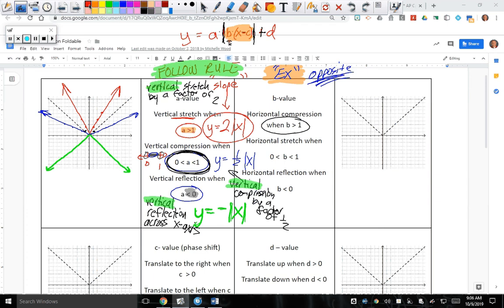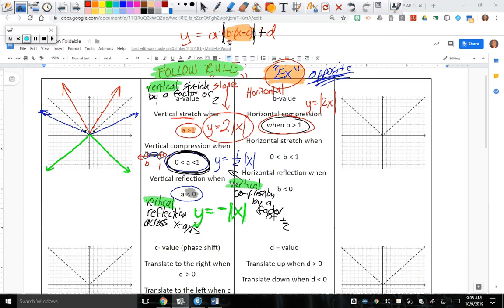Guys, if B is bigger than 1, we learned just moments ago that if I'm bigger than 1, it looks like it wants to stretch. You with me? But because it's with the x, it's not going to be a stretch. It's going to be a compression. So let's say that I wrote y is equal to 2x on the inside. The first word you're going to write is horizontal.